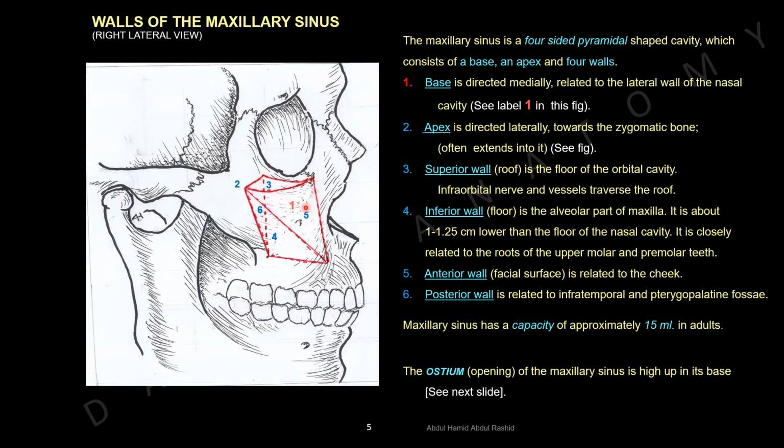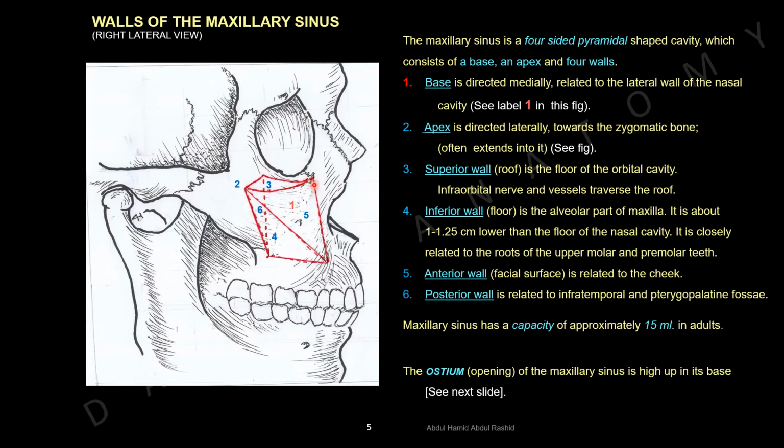This is the base of the maxillary sinus. It is directed medially, related to the lateral wall of the nasal cavity. The second is the apex. Apex is directed laterally towards the zygomatic bone, often extending into it.